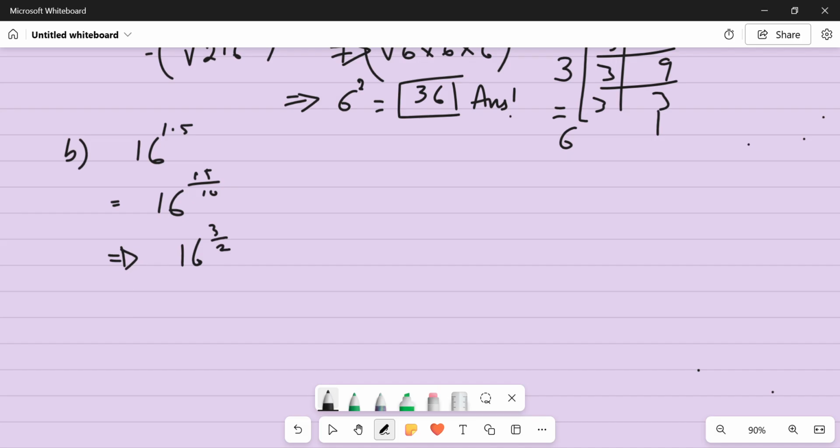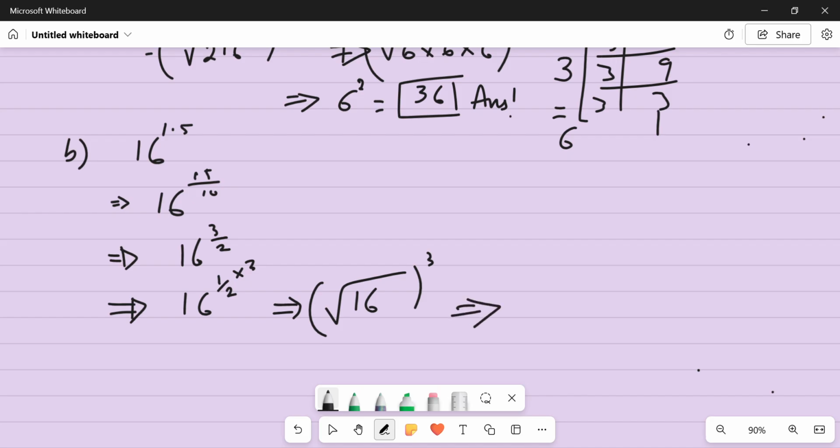Now break this 3 over 2 into 1 over 2 into 3. And this 1 over 2 convert into a radical. So 16 under square root, and 3 will be outside. Okay.